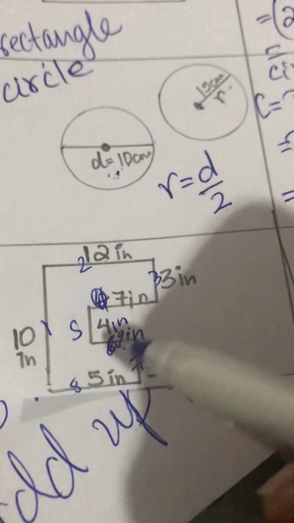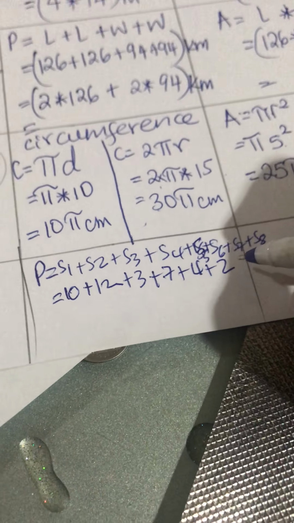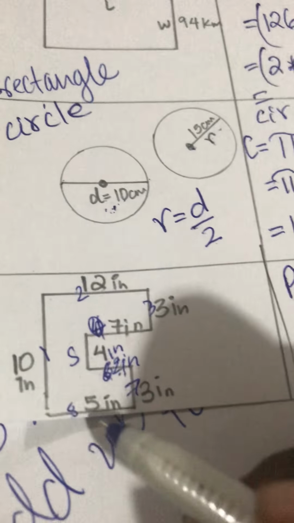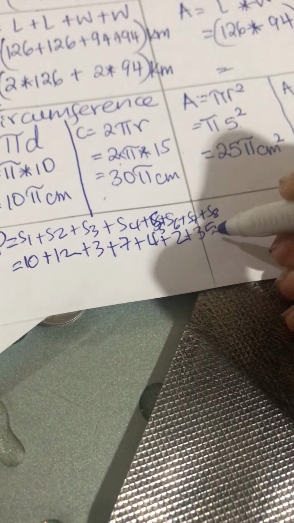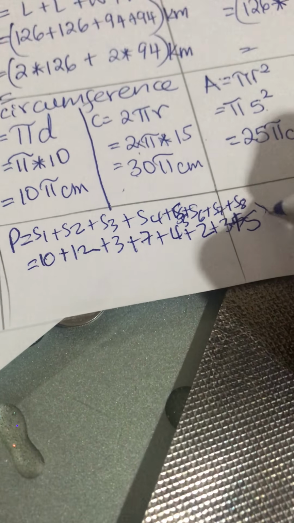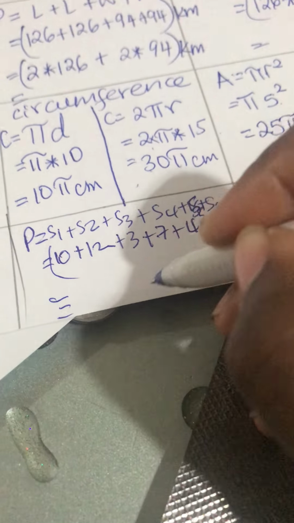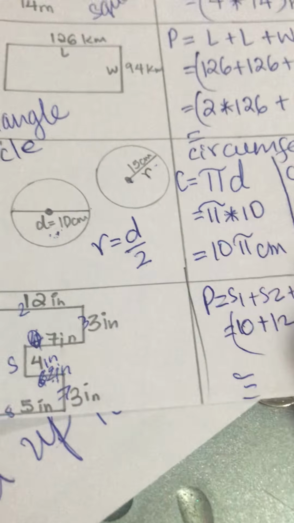This is 2. Side 6 is 2. Side 7 is 3. Side 8 is 5. Plus 5. Then you remember your units and you write your answer, whatever you got when adding.